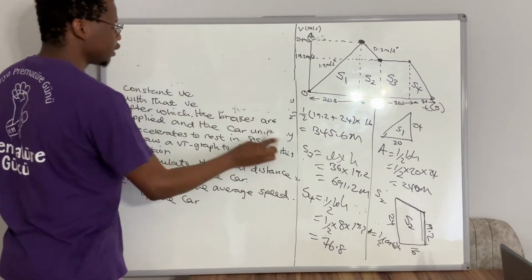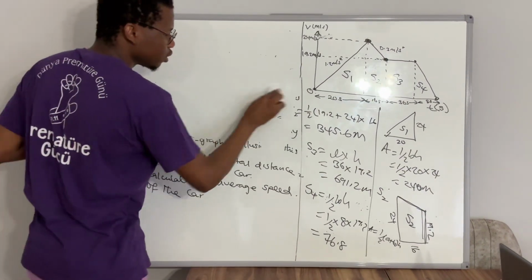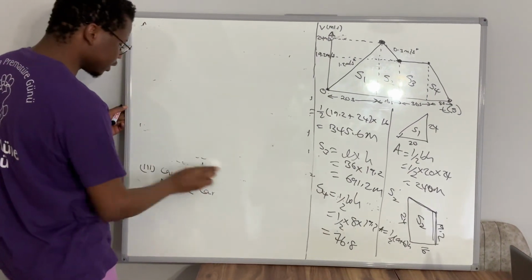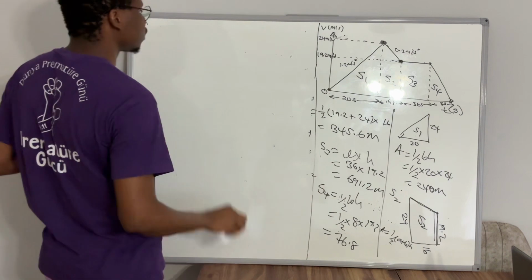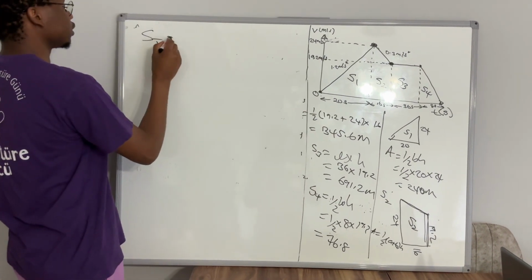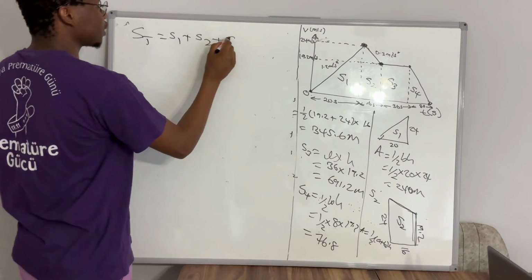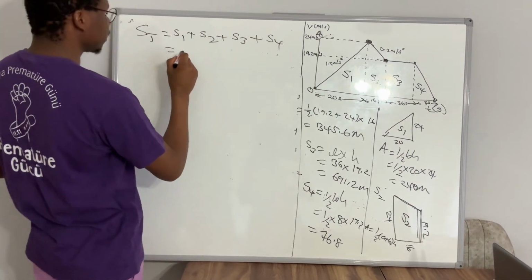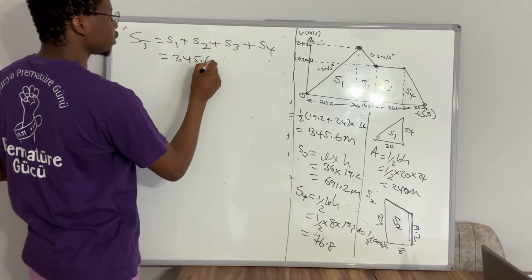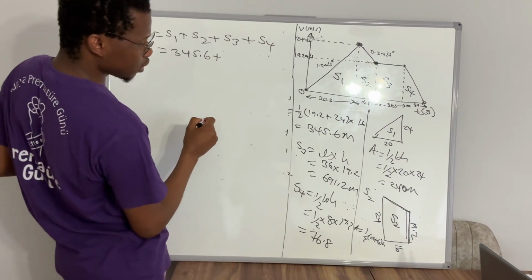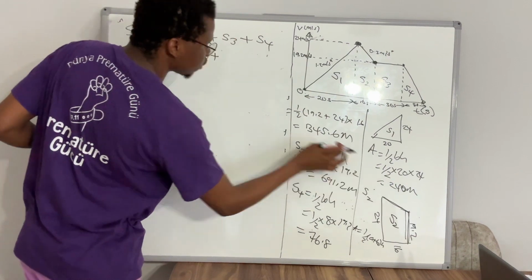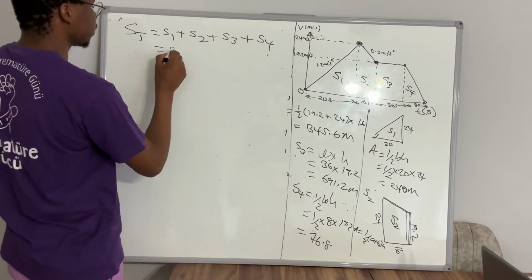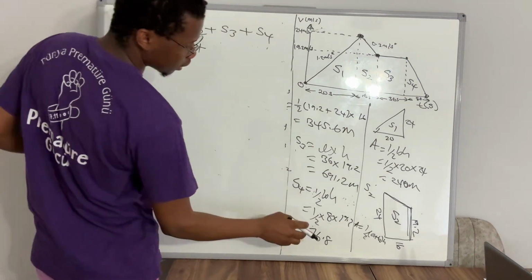So we are able to find the individual distances. What we will head on to find is the total distance. So the total distance is equal to S1 plus S2 plus S3 plus S4. What is S1? Sorry, S1 is 240. Let's correct that immediately. What is S2?